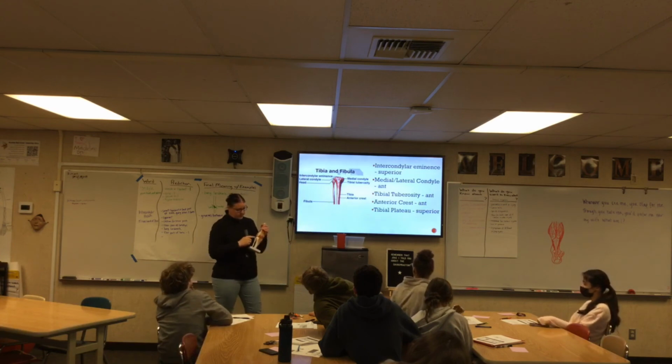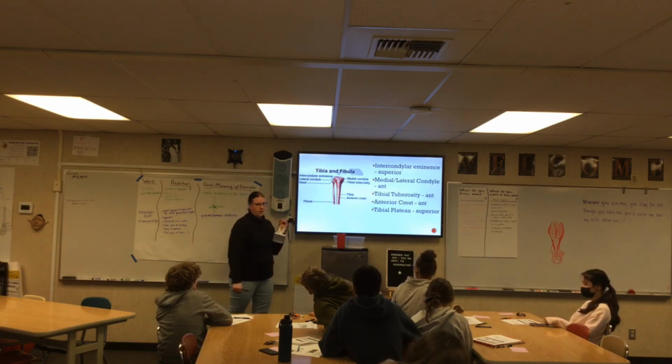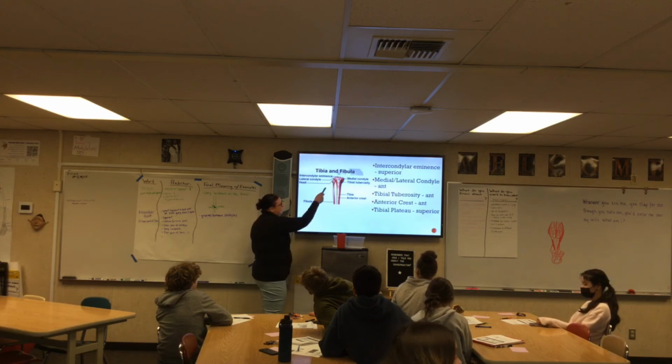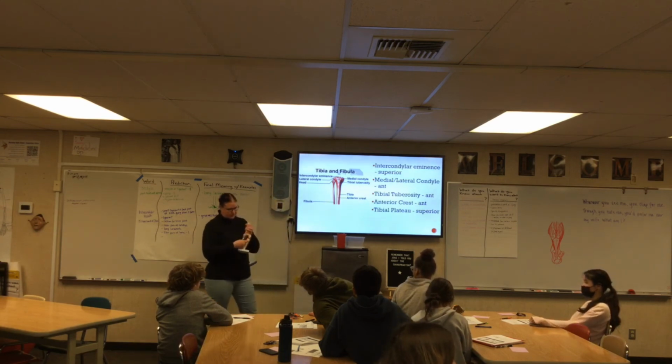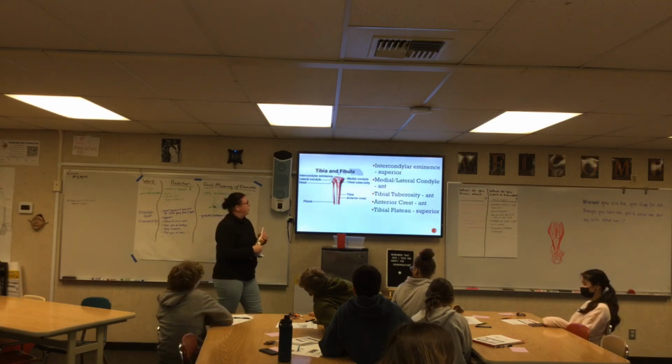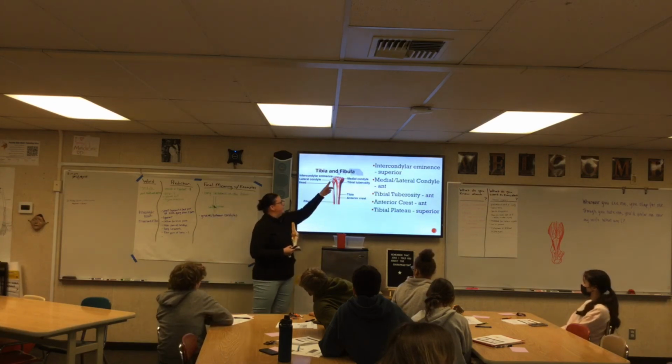Same idea up here as in the femur. There's just condyles, there's not epicondyles on the tibia. Tibial tuberosity, that's just the front side. That's where things connect. On here, that's where that ligament attaches, the tibial tuberosity. Then on the fibula, we have the head of the fibula.